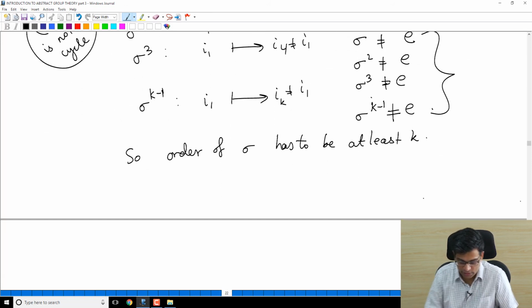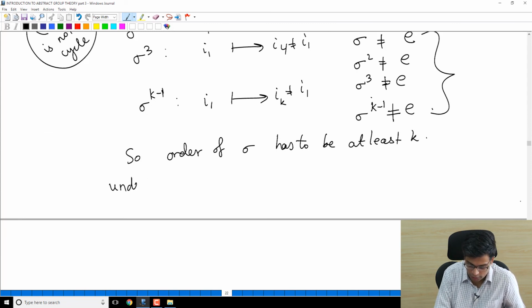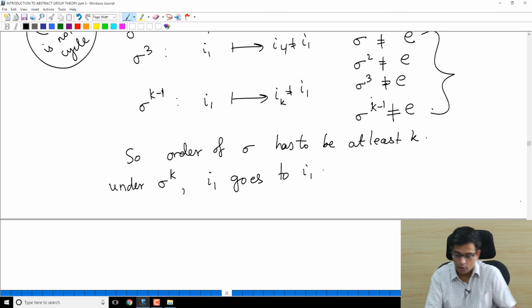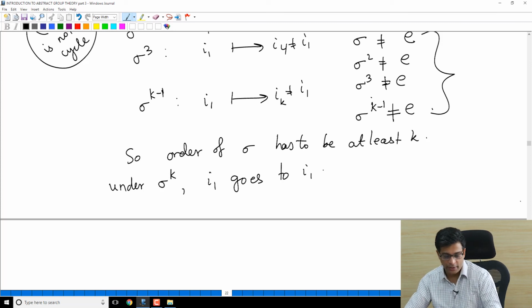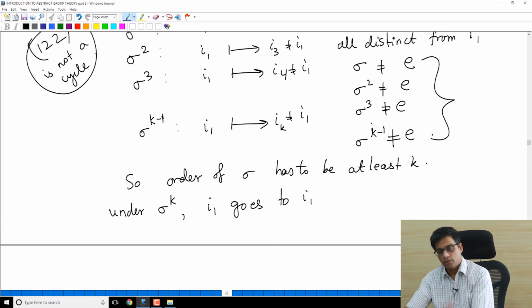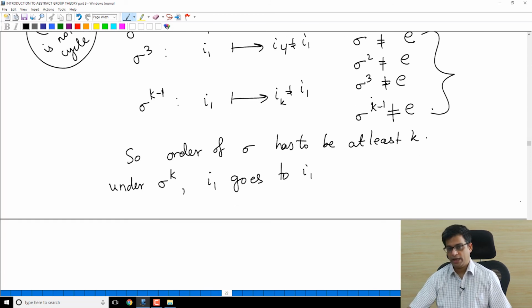Is it k? Let's find out what sigma k does. Under sigma k, I1 goes to I1, right? Because under sigma k minus 1, I1 goes to Ik. If you apply sigma again, it goes to I1. So far so good. Sigma k has the chance to be the identity element because I1 goes to I1.